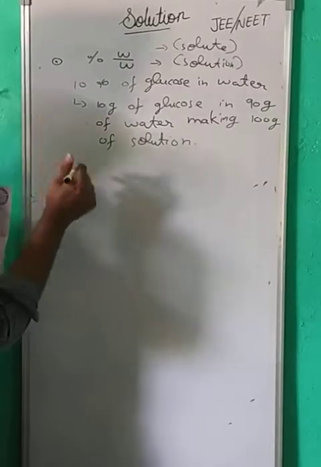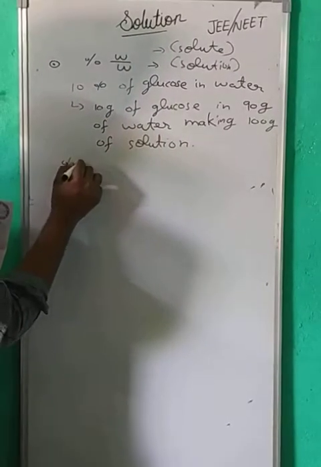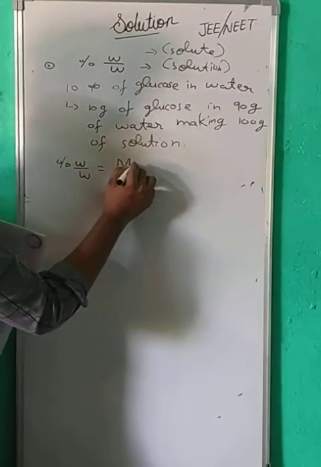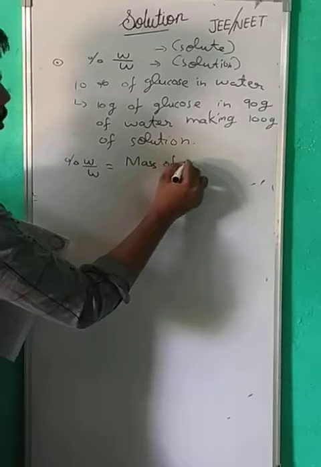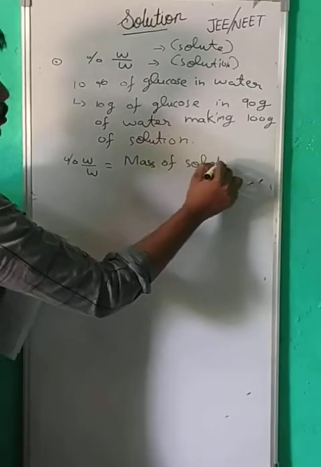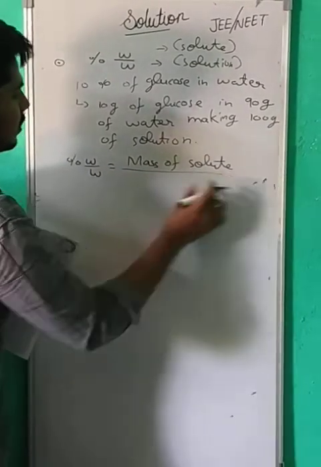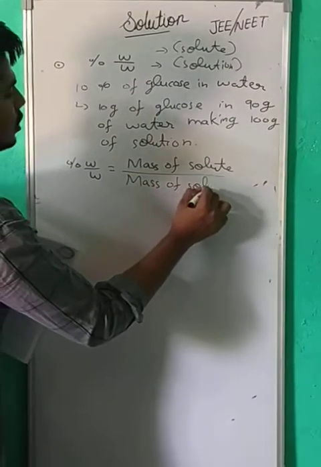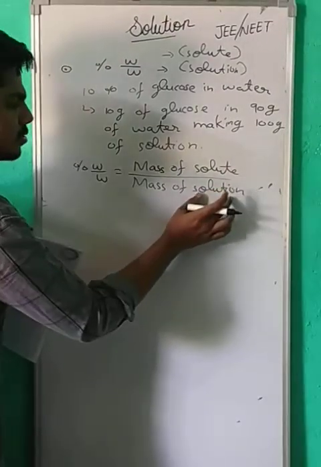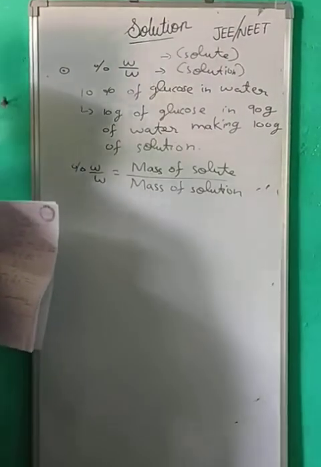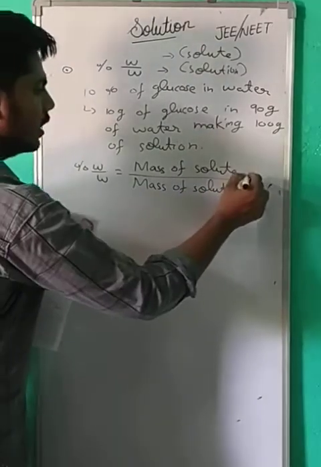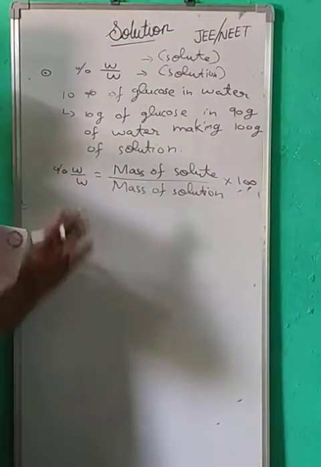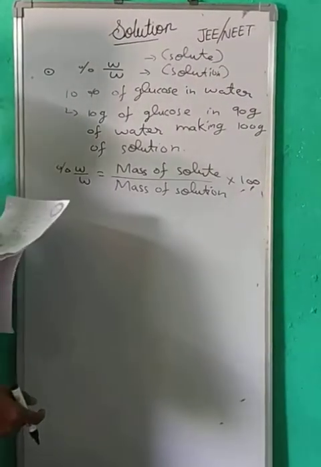The formula for this term can be written as percentage weight by weight is equal to mass of solute upon mass of solution. I repeat, don't write solvent here, the mass of solution will come, and solution means solute plus solvent, into 100. This is the formula to find percentage weight by weight or mass percentage.